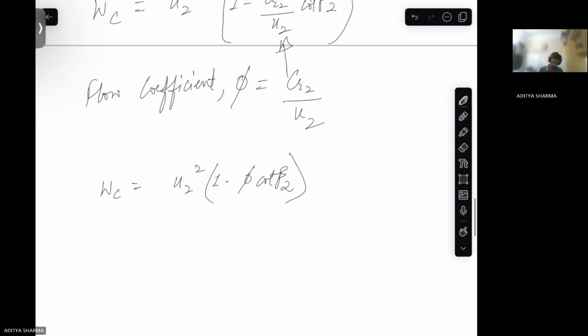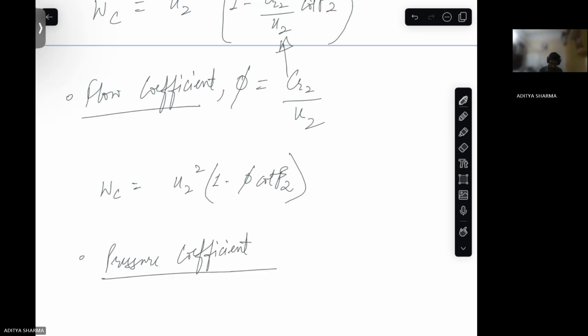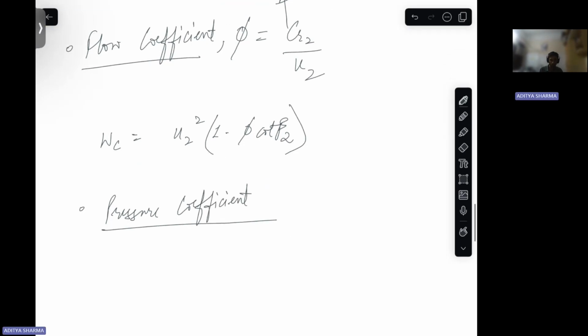Then is your pressure coefficient or loading coefficient, and we denote it with psi.